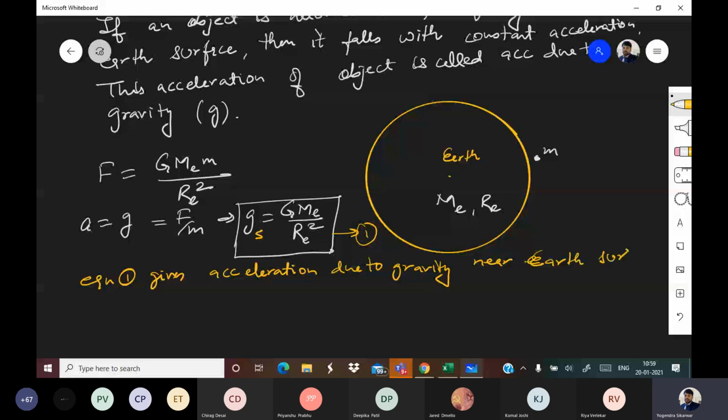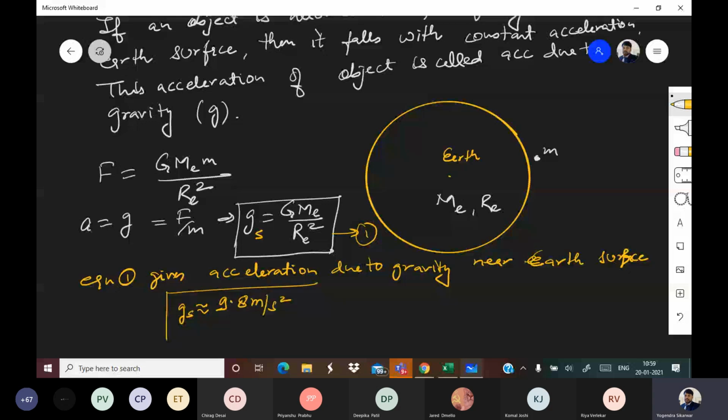If you put mass of Earth, which is 6 into 10 power 24 kg, and radius of Earth, which is 6400 kilometers, then you get g_s is almost equal to 9.8 meters per second square.